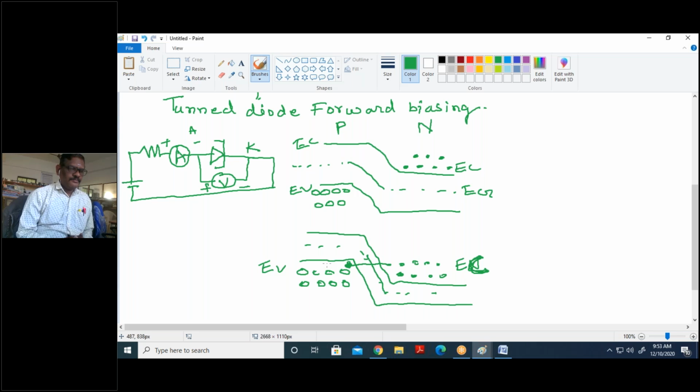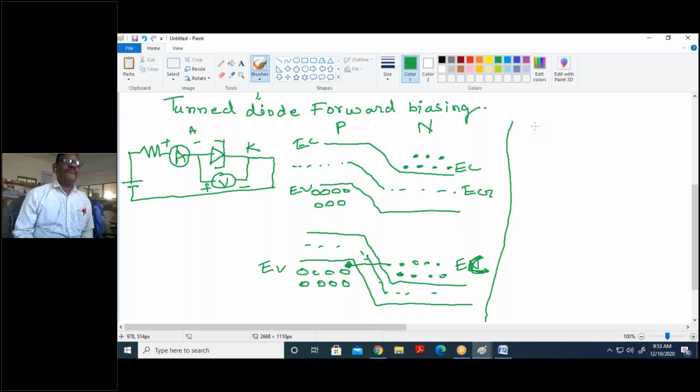Understood? In microvolts, whenever we have applied very, very little voltage, suddenly tunneling starts from N-type conduction band to P-side valency band.